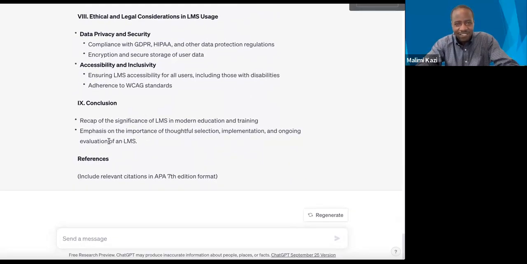It did not write the conclusion, but it suggests that in your conclusion, include a recap of significance of learning management system and emphasize the importance of thoughtful selection. And it was not able to include the APA reference list, but it says include relevant citation. So of course you need to find out which relevant citation you need to include.